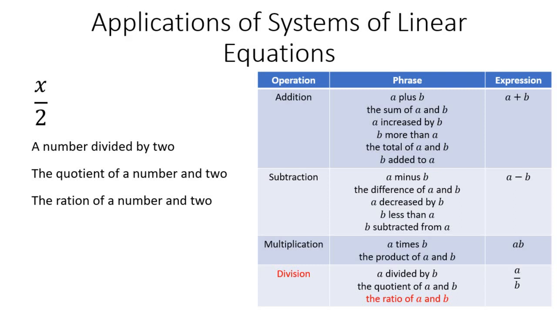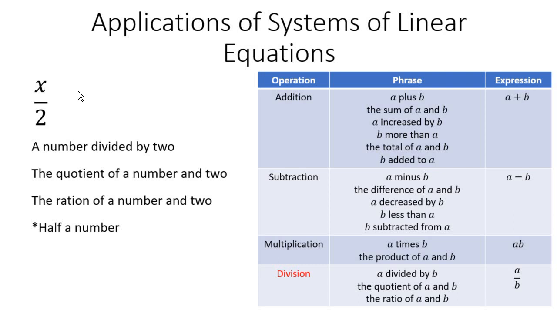So these are some phrases that translate into division. Also, half of a number translates to x over 2, a third of a number translates to x over 3, and so forth. Okay, so you will be directly translating to solve some of these problems, these applications.